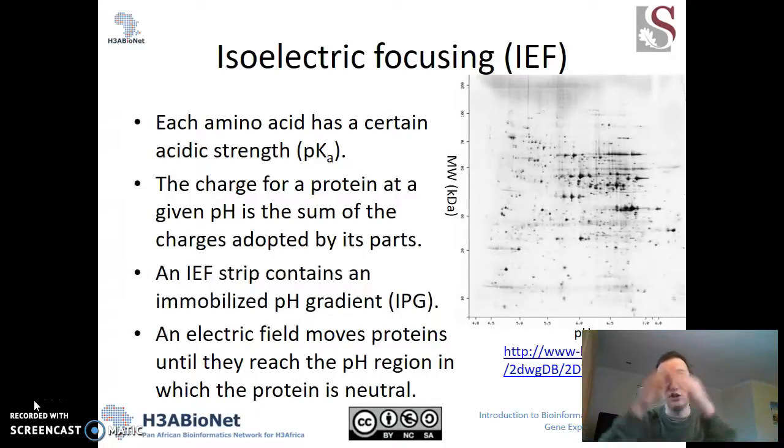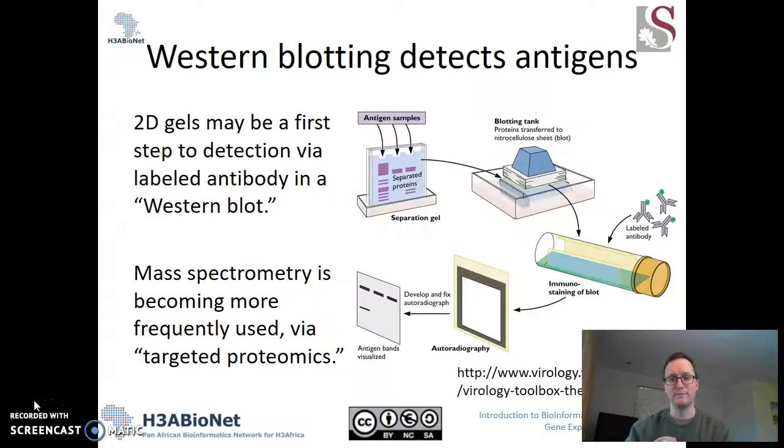That creates a two-dimensional map of where these proteins appear in a molecular weight and isoelectric focusing pH axis. So this gives us the ability to separate very complex mixtures of proteins in a gel format.